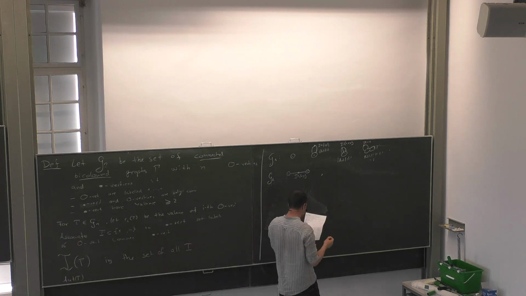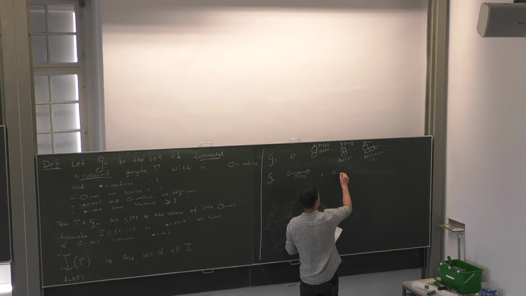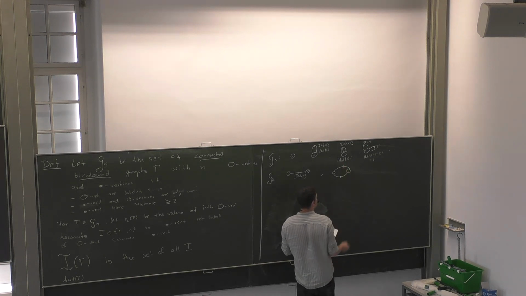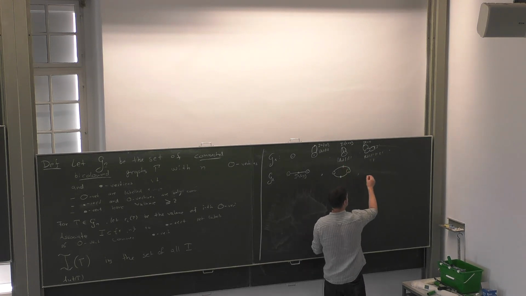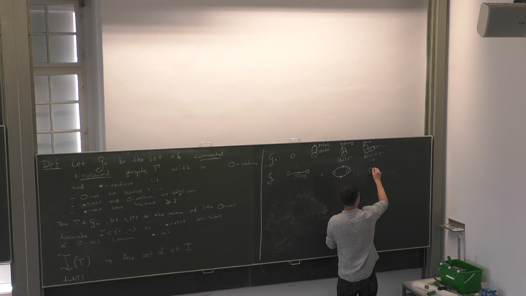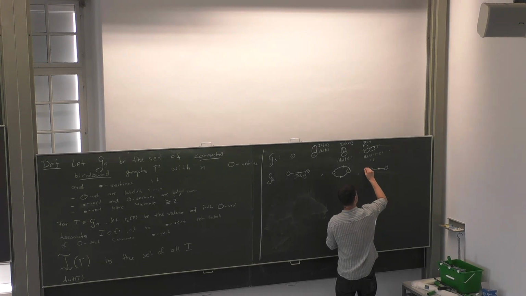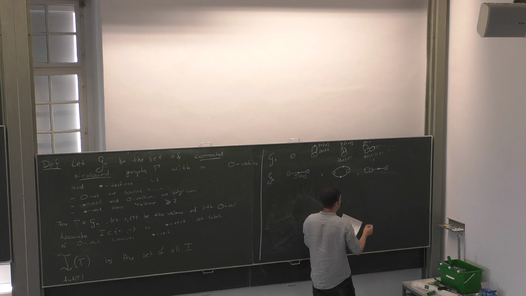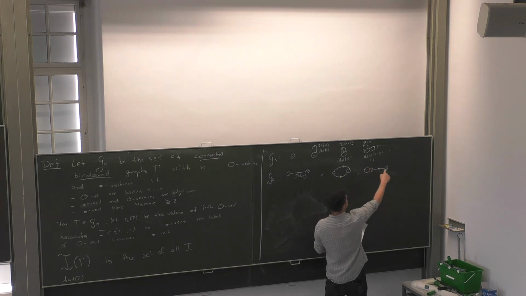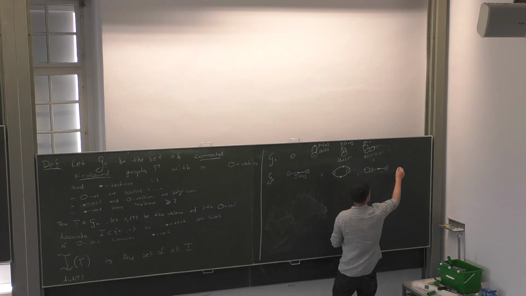Then at genus 1, we have this graph, for instance. Then we also have this graph here, 1, 2. Also, this loop can be on the other side.